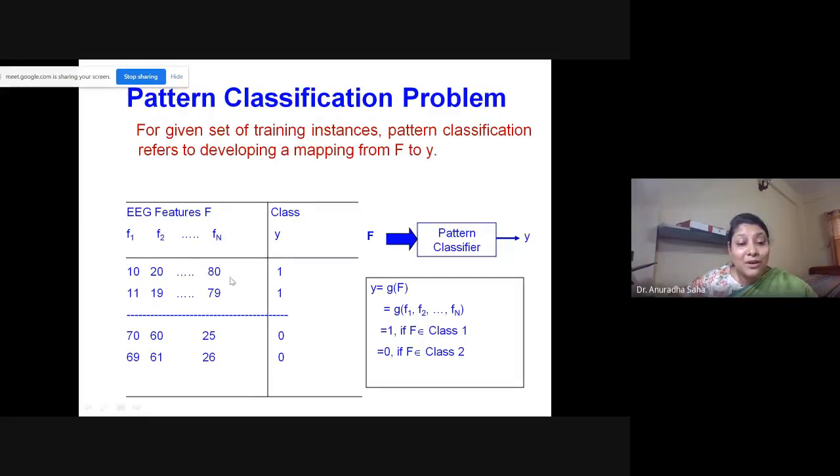If you look at the first row, the first feature f1 is 10, f2 is 20, and it goes up to capital N, where you are receiving the feature value of 80.